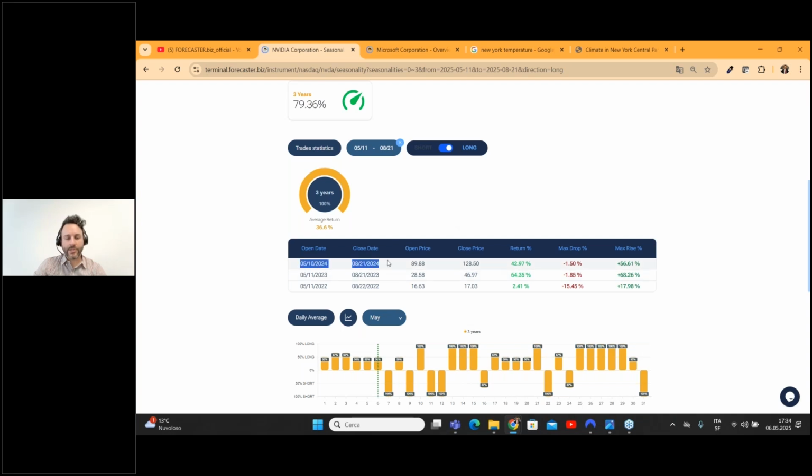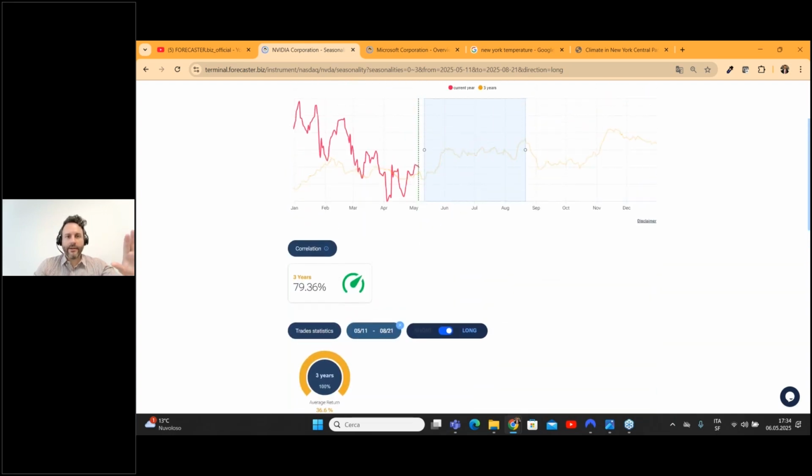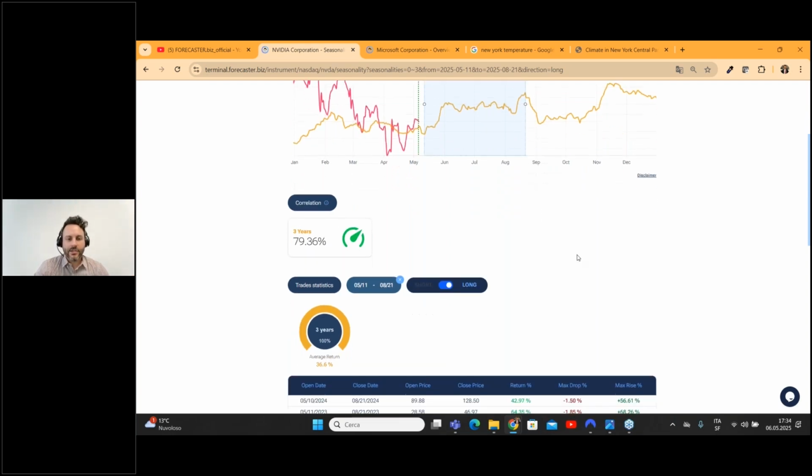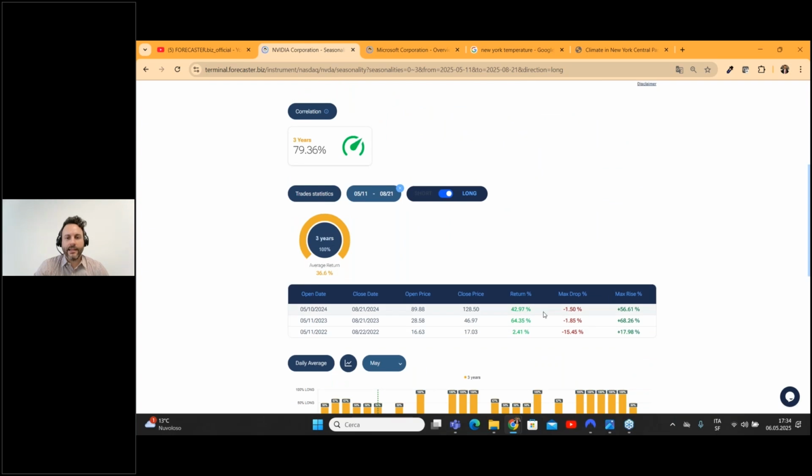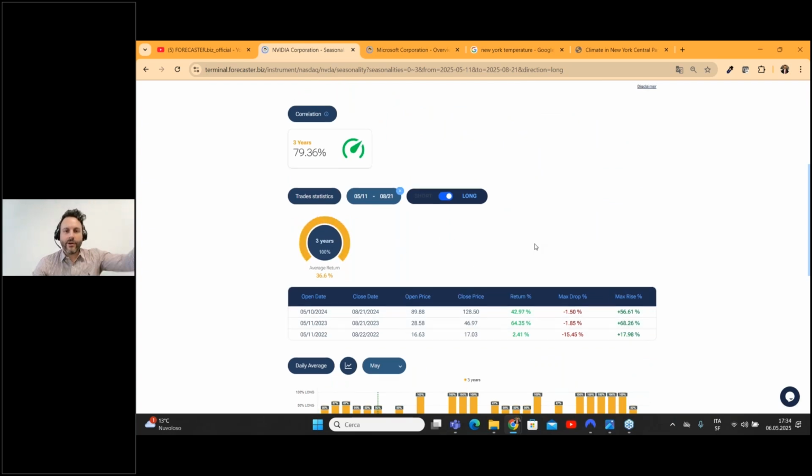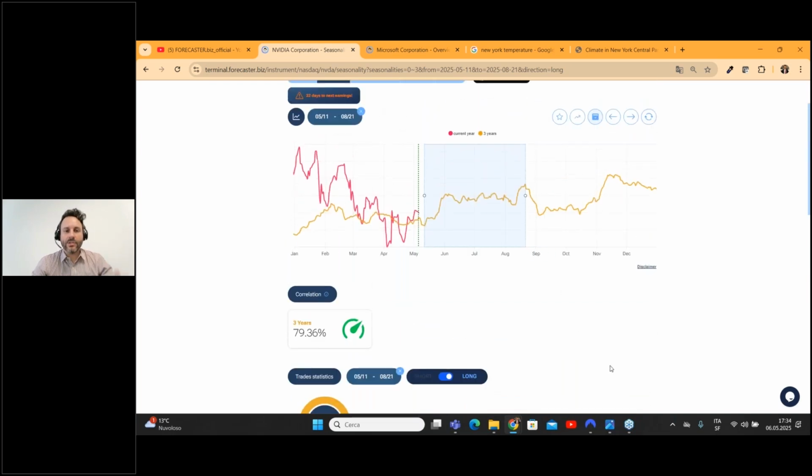If you go here and you see what happened in every single year, we know that current prices are moving at almost 80% like Nvidia did on average in the last 3 years. So in this case, we can expect this kind of return for the next month, okay? Because the actual prices are moving like the yellow line, okay?